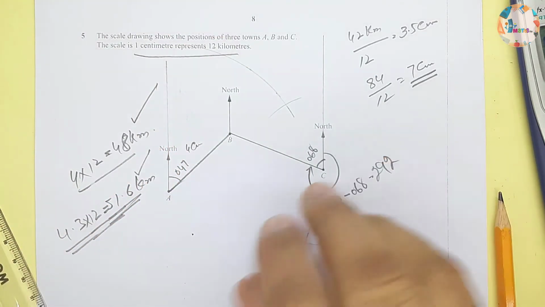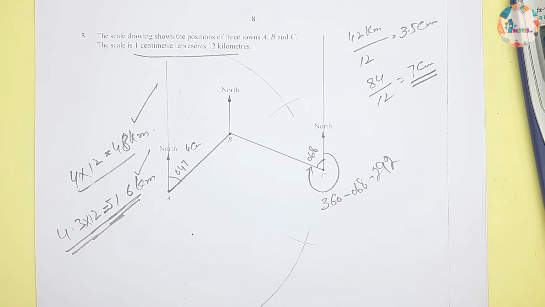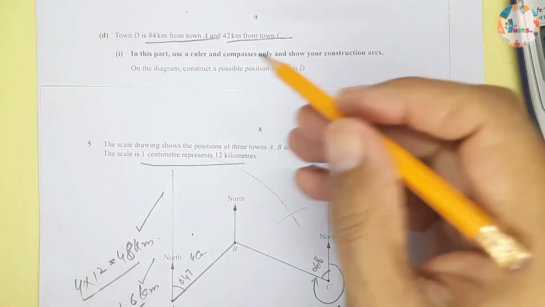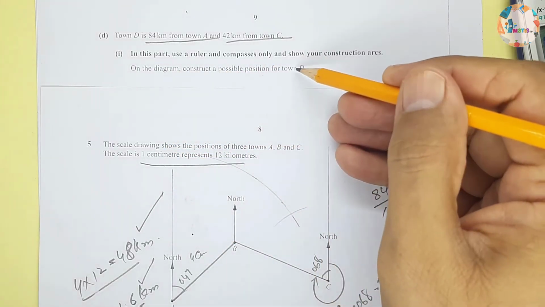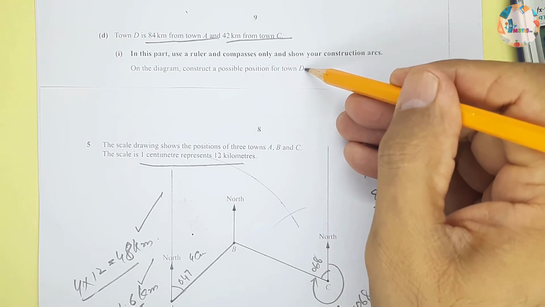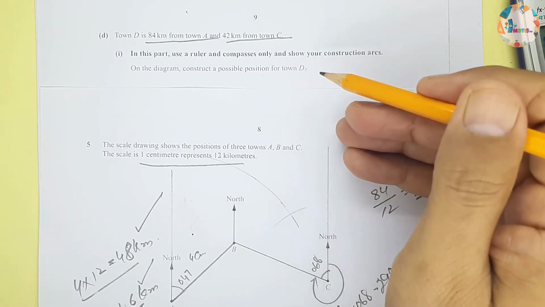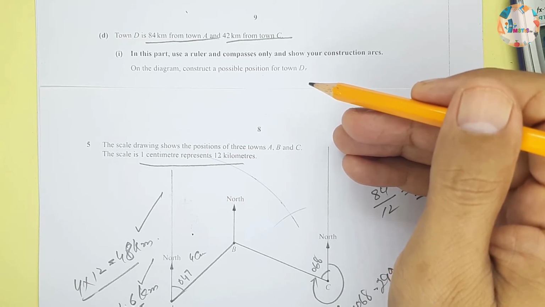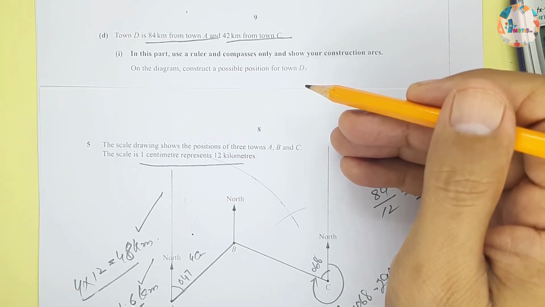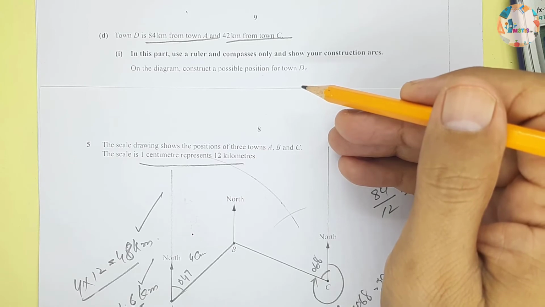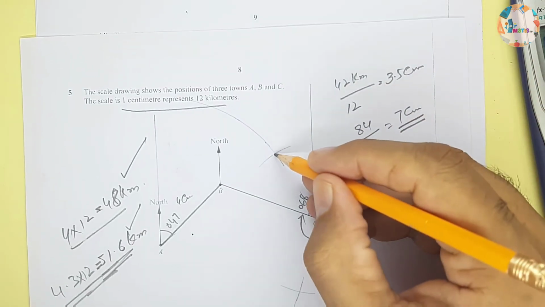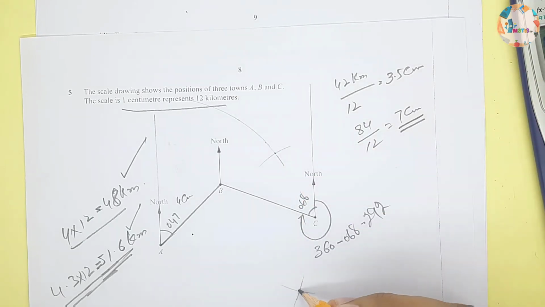If we go through the question again and check whatever we have done, they are saying construct a possible position for town D. So we need a possible position, and it can be this point, or it can be this point.